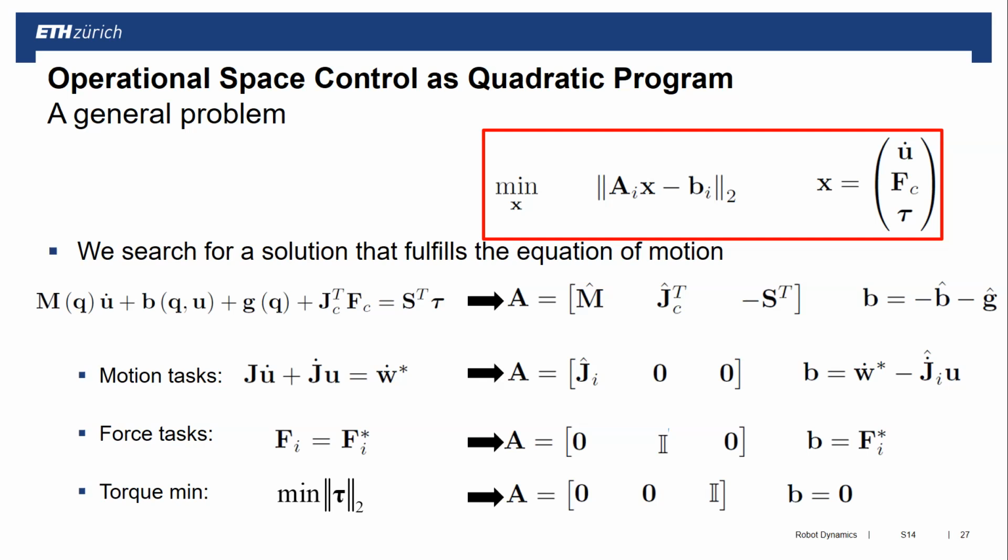And I can put the same thing for this motion task and the same thing for a force task, whatever. So all these different tasks, I can write as A matrix times x minus b. And I want to make sure that they are equal. If they cannot be equal, they're equal as well as possible, so in a least squares sense. That's why we're optimizing this. And if I have more tasks, these additional tasks should also be fulfilled as well as possible without violating my higher priorities.